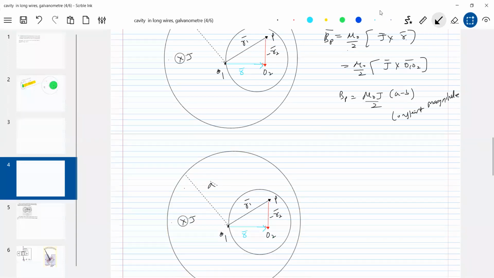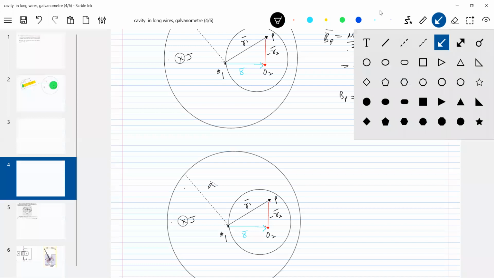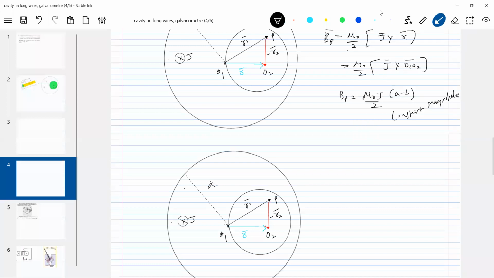So the direction of the field should be... I'll remove all this. This is very important.